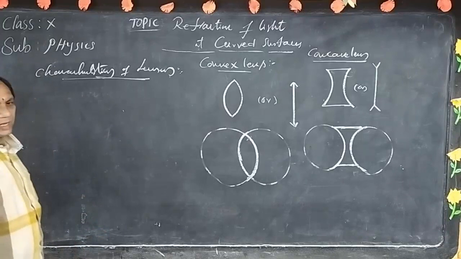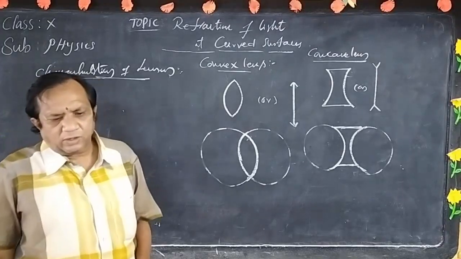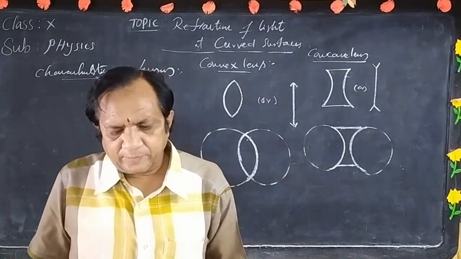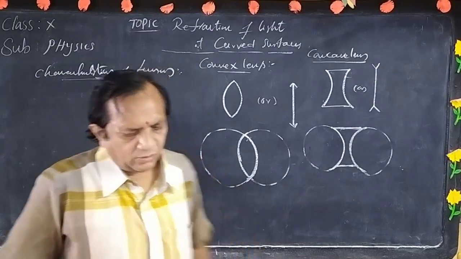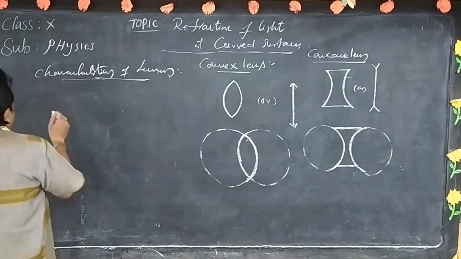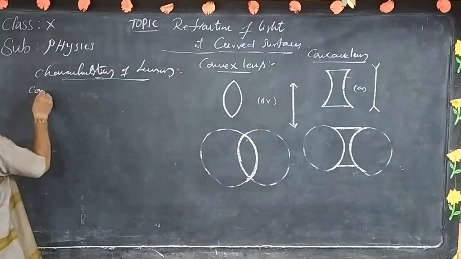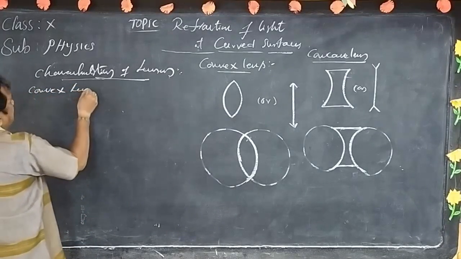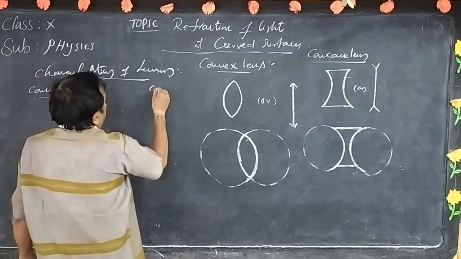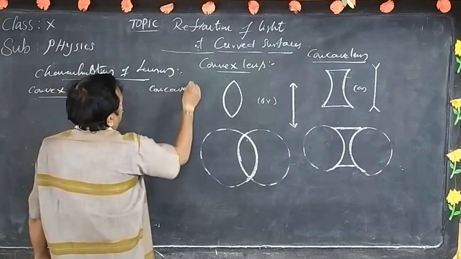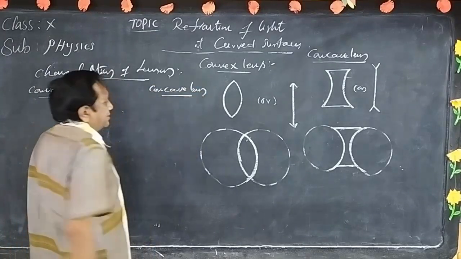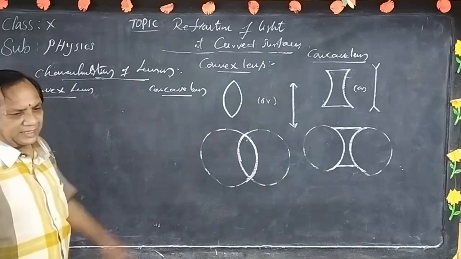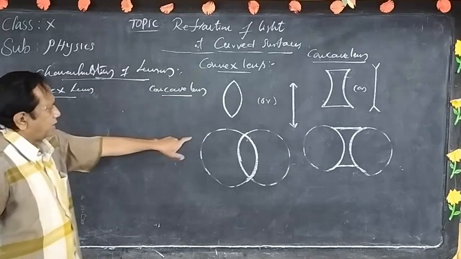Here for both cases we have to discuss concave and convex. In both cases, I have observed these definitions. So first I have to consider the convex lens and the concave lens. A convex lens means that one.